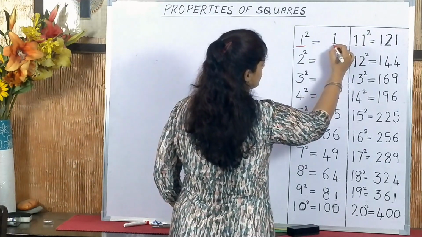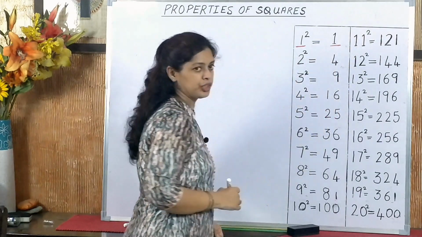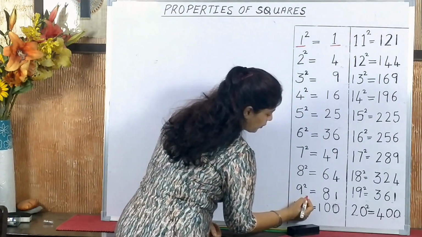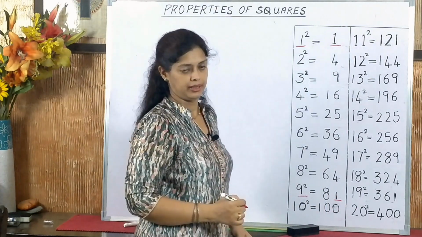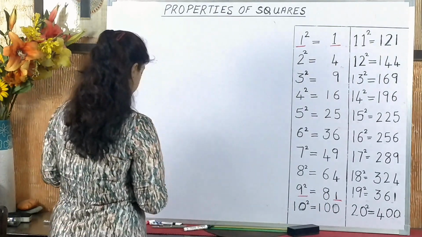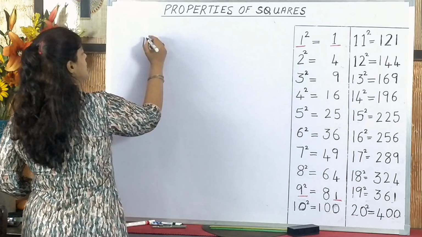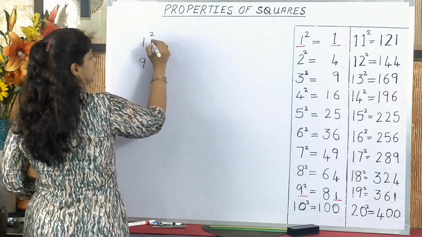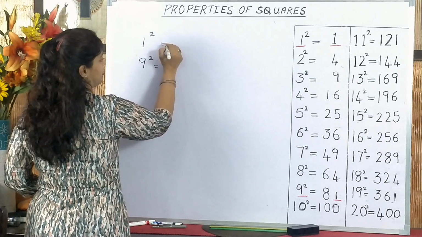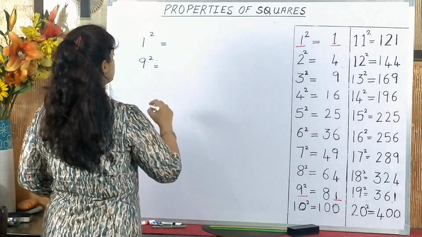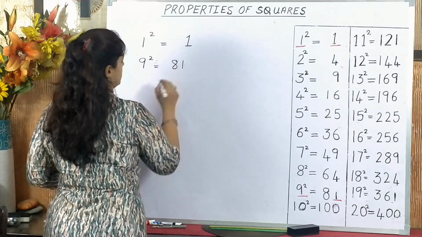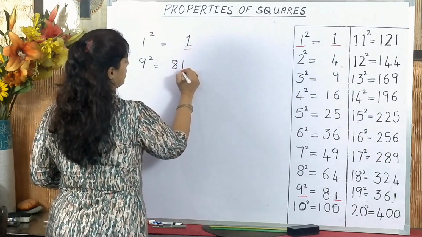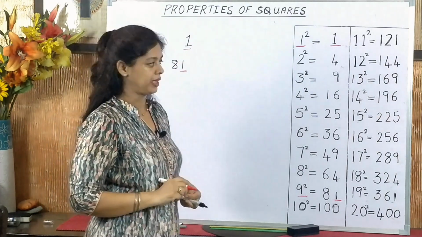We can see that 1 square has 1 as the ending digit or the units digit. 9 square is 81, which also has a 1 as its units digit. So I can write this, if the original number is 1 or 9, then the squares of such numbers will always have a 1 as their units place. 1 and 81. So both of them have 1 in the units place.